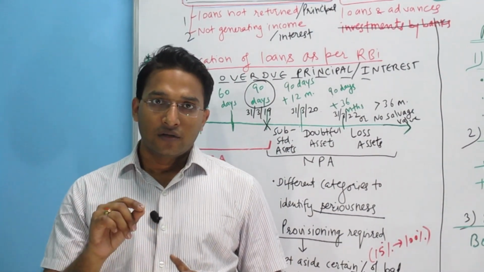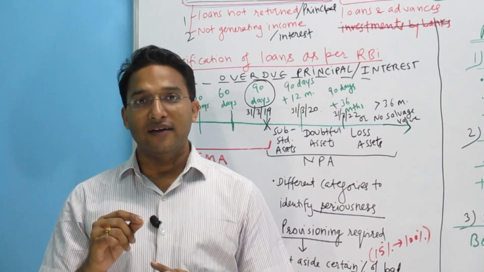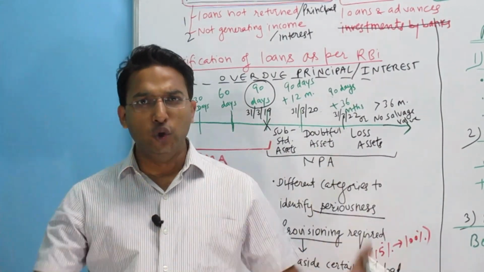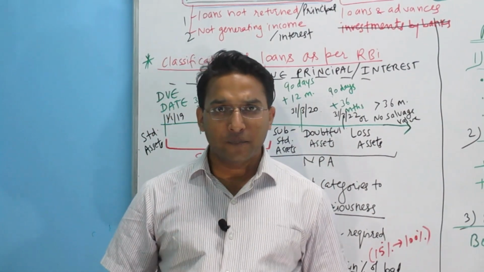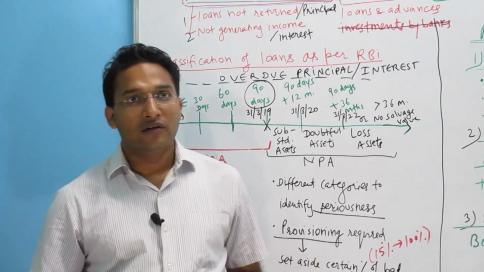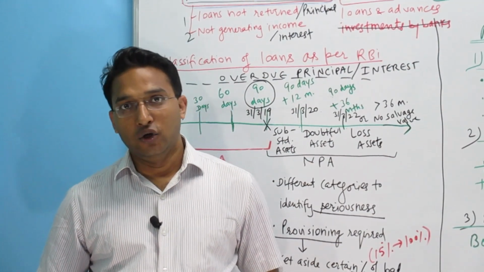But this norm was changed after 2014 because the problem of NPA became so huge, and it was required at this point of time that the bank needs to identify the suspicious account or the defaulting account before it actually becomes an NPA.